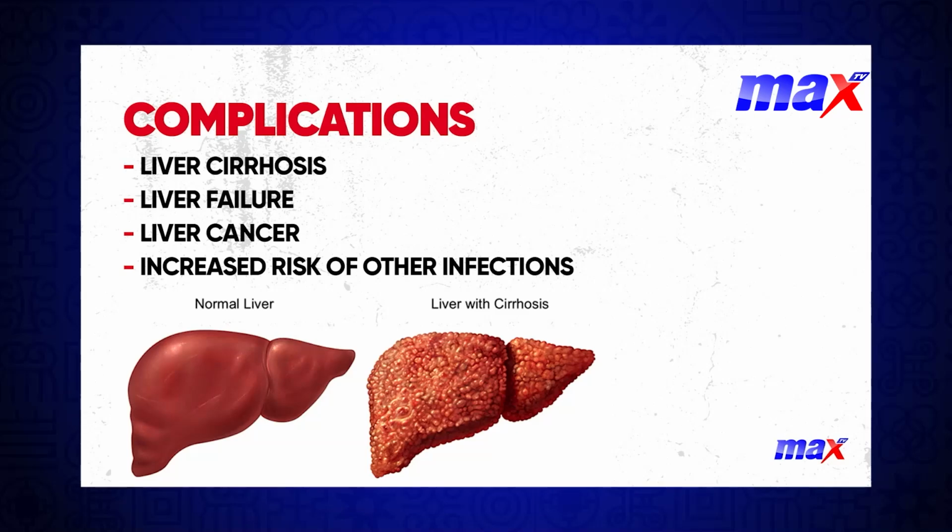And this is happening inside your body, so you can't even see it going on. With time, people can also get liver failure. Now the liver no longer works. It can't help you in anything that you do. Then, at a point, some people develop liver cancer out of the infection. So those are some of the complications.